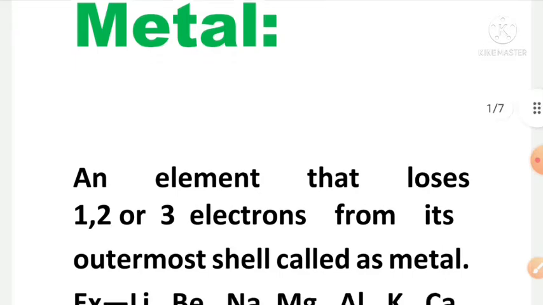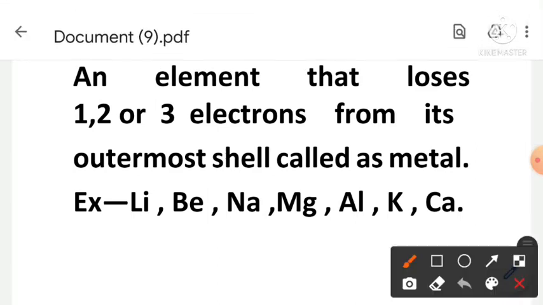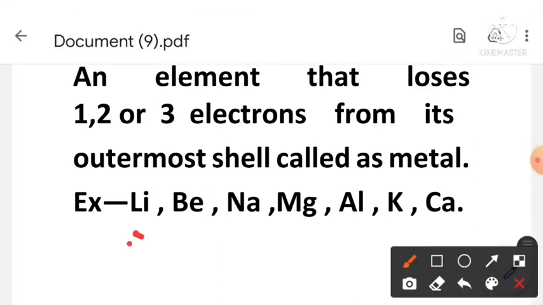Examples: lithium, beryllium, sodium, magnesium, aluminium, potassium, calcium, copper, zinc, iron. These are examples of metals, and they have the following properties.